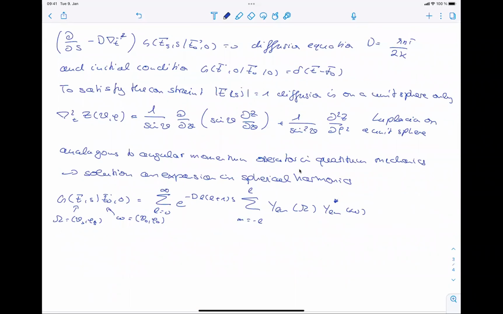That's the Green's function of the diffusion equation with initial condition given above.